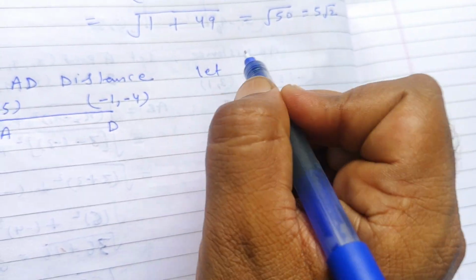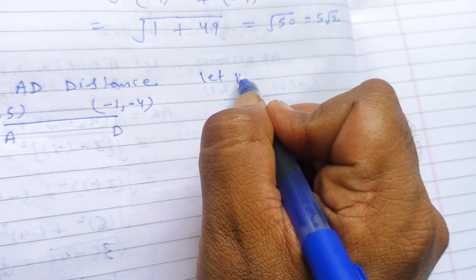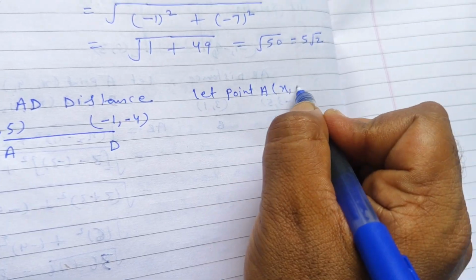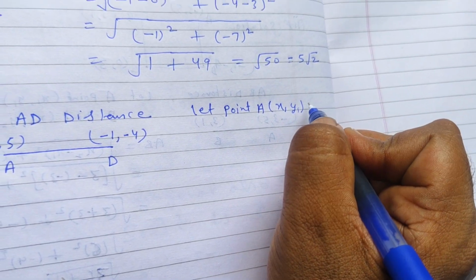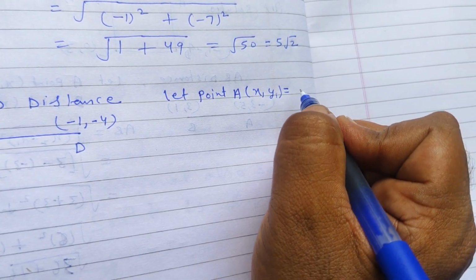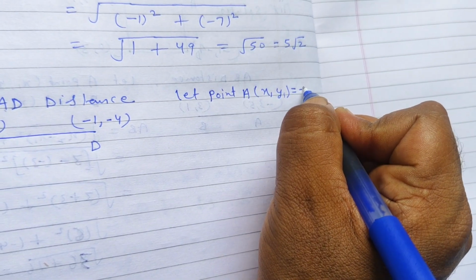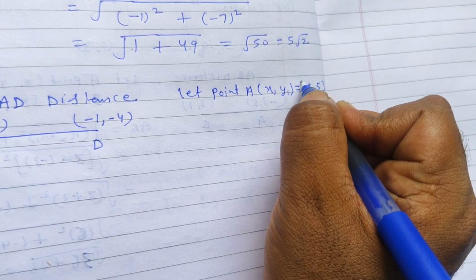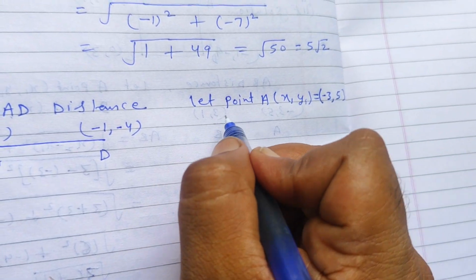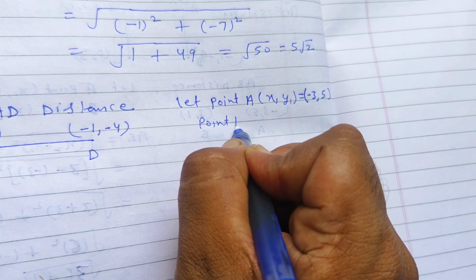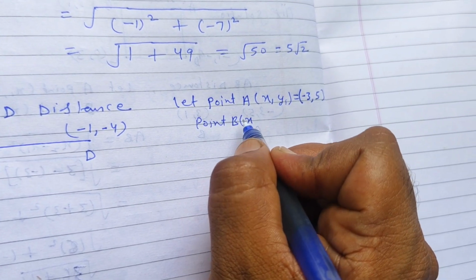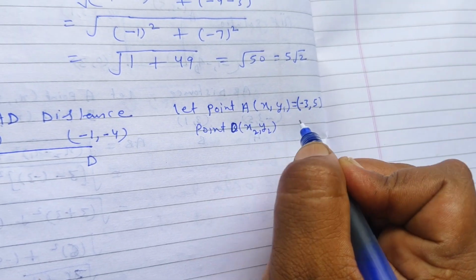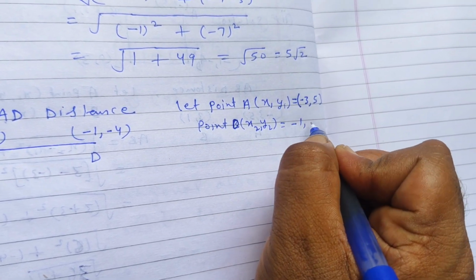Let point A (x1, y1) be (-3, 5) and point D (x2, y2) be (-1, -4).